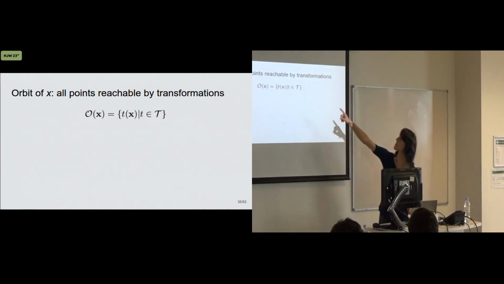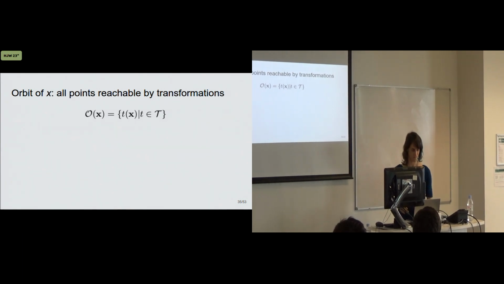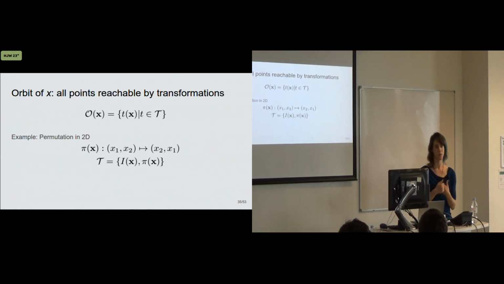So the set of all the transformations possible applied to your point. And in the concrete example that we just had, under this permutation of x1 and x2, if I apply it twice, it's the identity transformation. So our set of all transformations is the identity and the permutation. So who can think of what the orbit looks like?